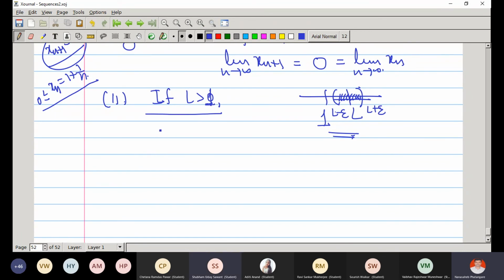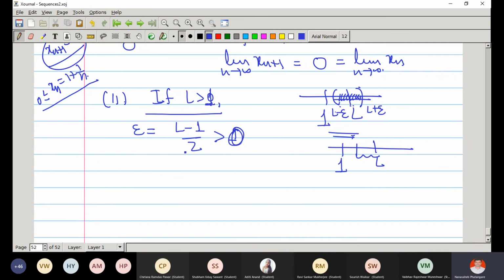If L is greater than 1, then suppose what epsilon should I select now? What epsilon should I select? L minus 1, and I want this distance. So epsilon is L minus 1 by 2. If I select this number as epsilon, half of the distance between L and 1, then this quantity is basically greater than 0, right?